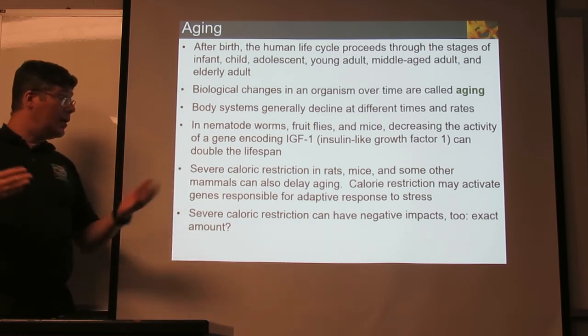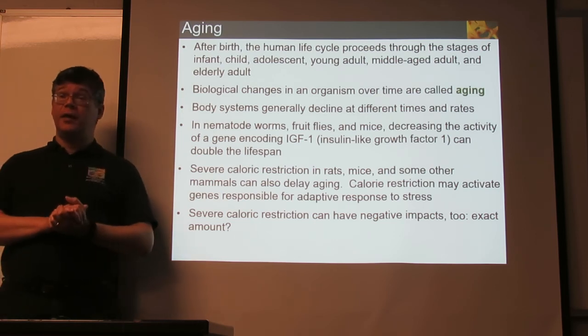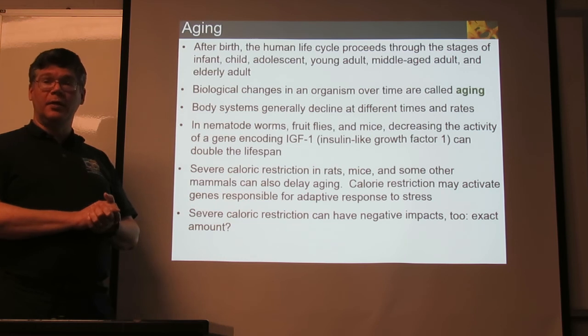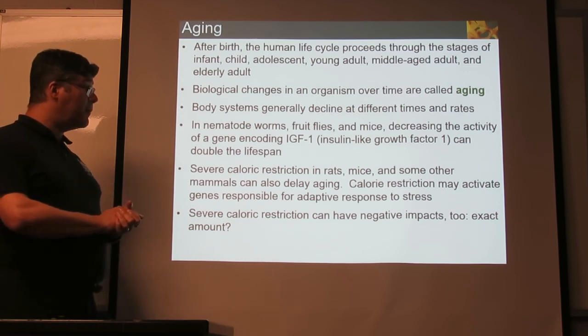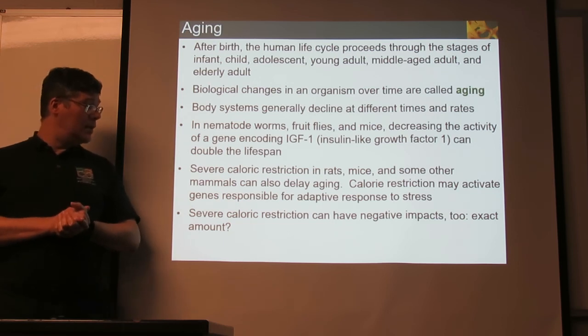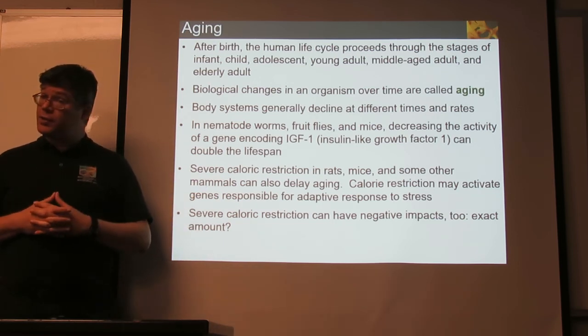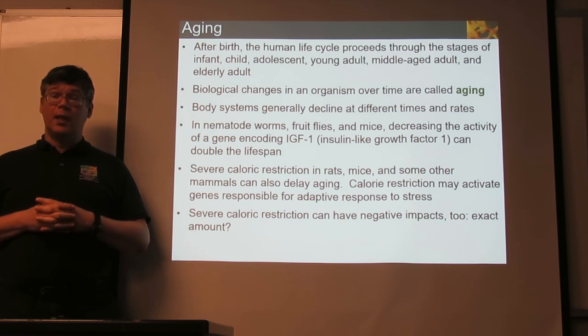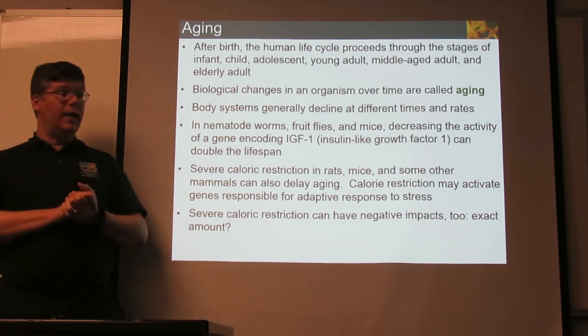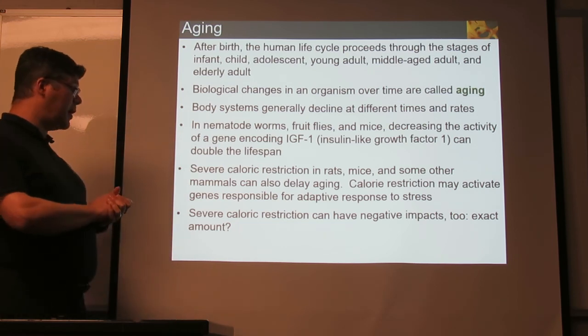Similarly, certain mammals, if they get extreme caloric restriction, a very strict diet, this tends to delay aging. Probably this is turning on stress-related genes that slow processes down and lead to longer lifespan.